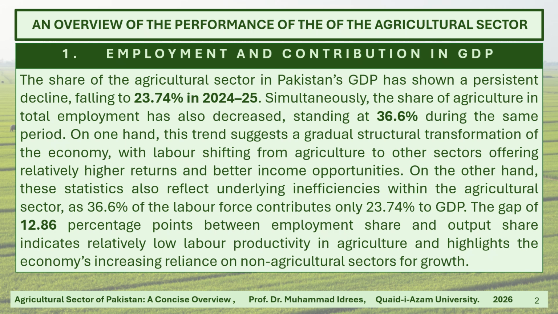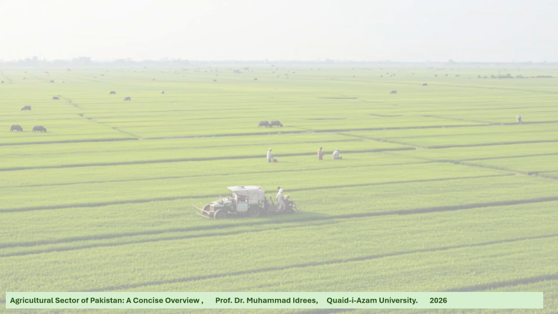The gap of 12.86 percentage points between employment share and output share indicates relatively low productivity in agriculture and highlights the economy's increasing reliance on non-agriculture sector for its growth.